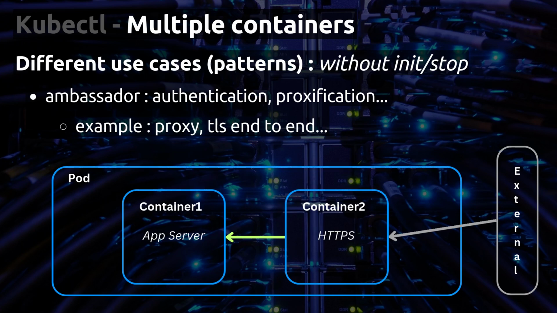This is where people use the sidecar term instead of the ambassador pattern. For example, you can use it to have end-to-end encryption in your infrastructure. For that, you can install a proxy next to your main application and serve the TLS certificate through your proxy. And you don't need to make any change after that.